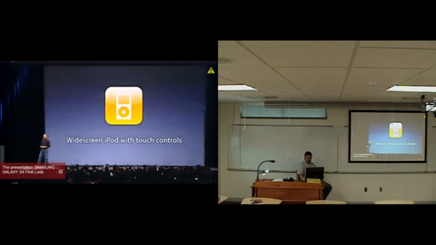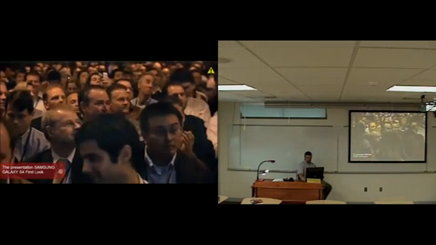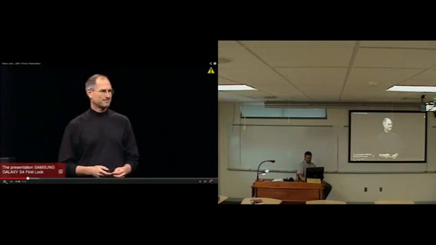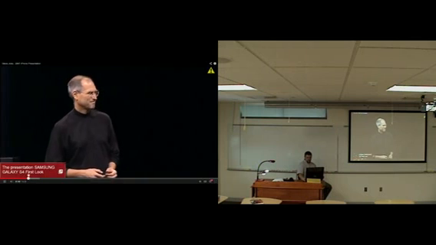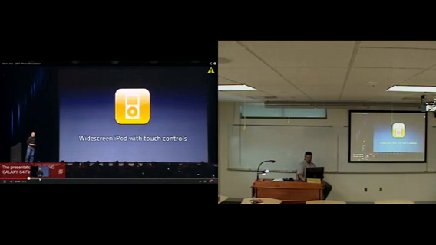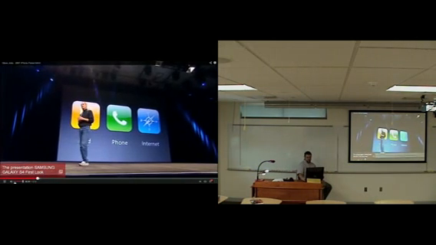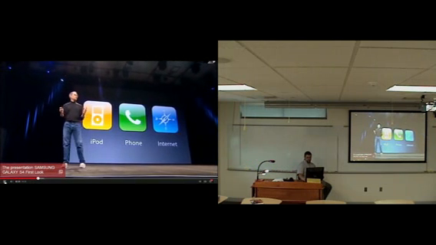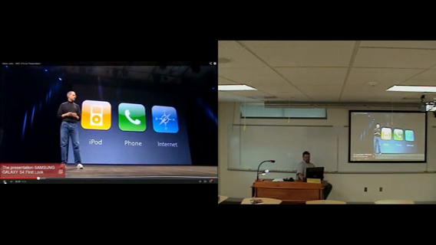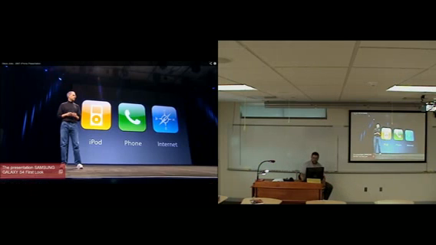The first one is a widescreen iPod with touch controls. And a breakthrough internet communications device.